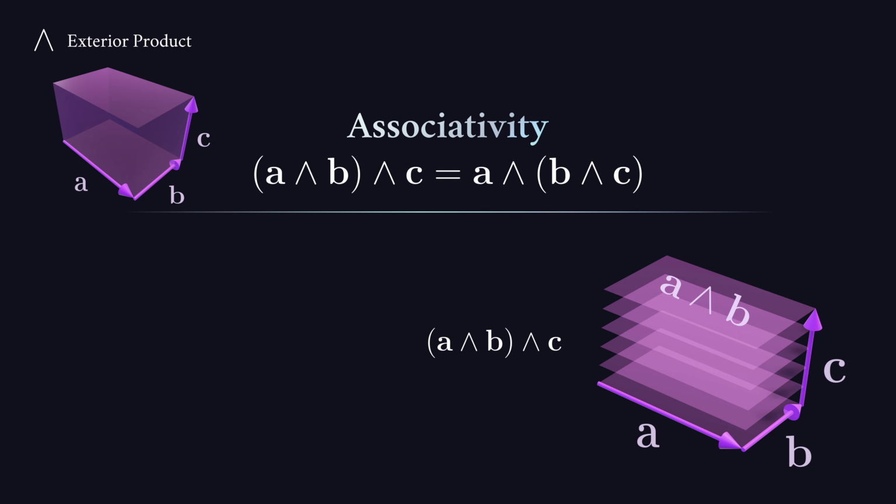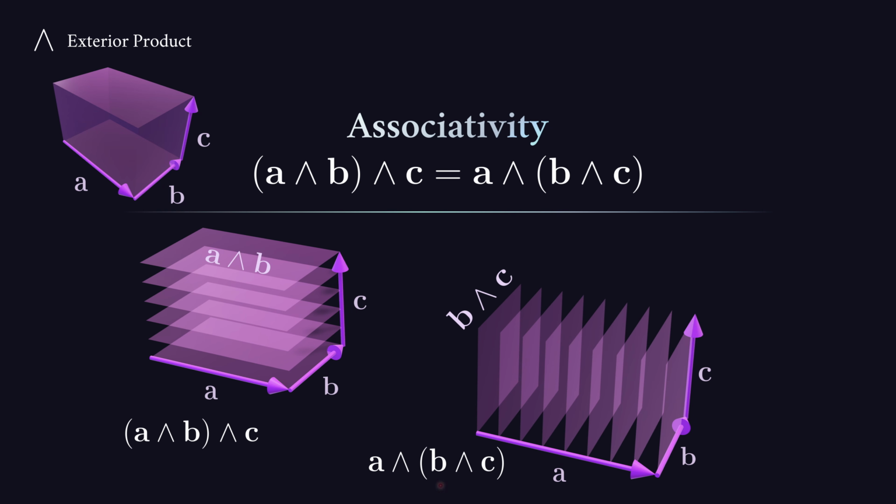And to see this visually, think of A wedge B first evaluated. So this would be like the planar element. And then we stack on top along the axis of the vector C those planar elements. And if you do this infinitesimally small, then you would get the volume. And then this should be the same as if you did B wedge C first.